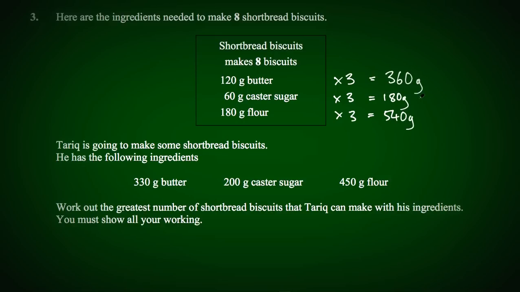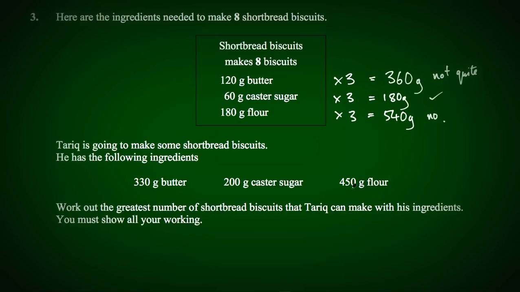So sugar, yes, that's fine. I've got 180 grams of sugar. Butter, not quite. And 540 grams, I haven't got anything like that amount of flour. So flour is going to be the limiting factor here. My times 3 was just an estimate, just a way to get started with this problem.